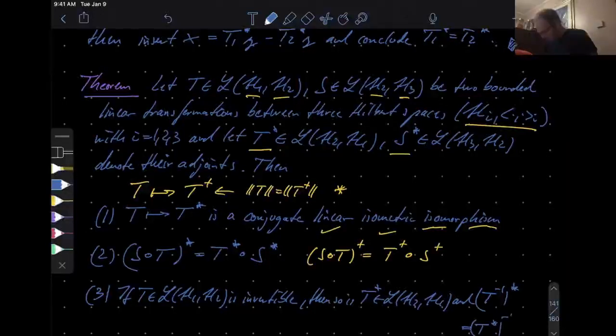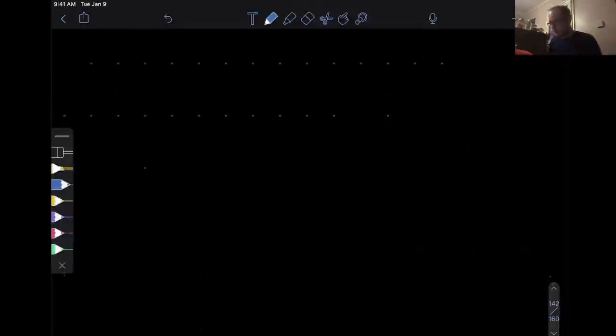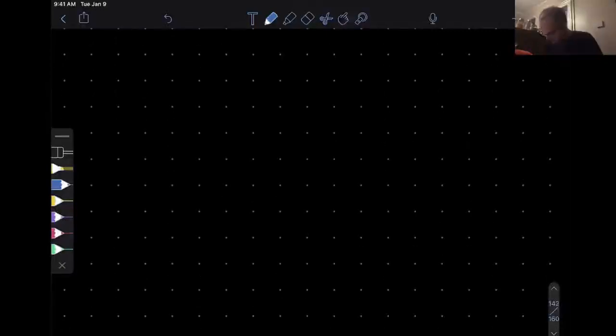So that property also formally is something which the dual transformation has. However, what comes now afterwards is something which the dual transformation does not have.